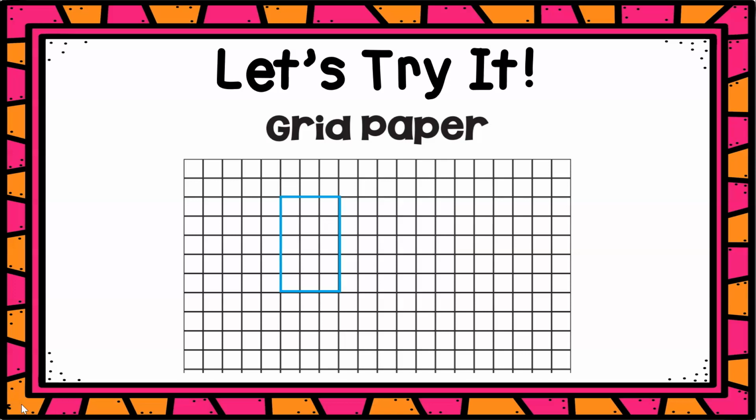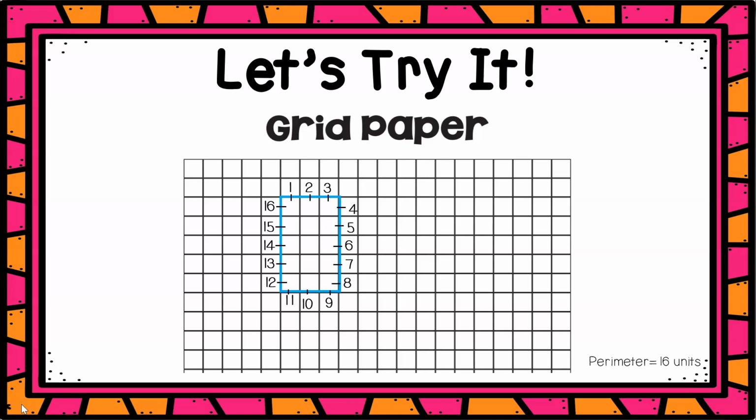There's our figure in blue, so we're ready to start counting the distance around the figure. 1, 2, 3, 4, 5, 6, 7, 8, 9, 10, 11, 12, 13, 14, 15, 16. That means the perimeter of this figure is 16 units.